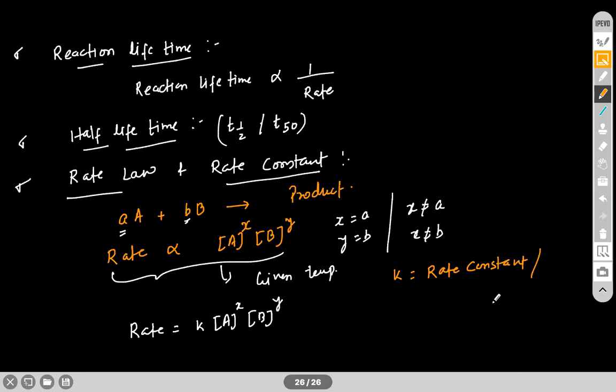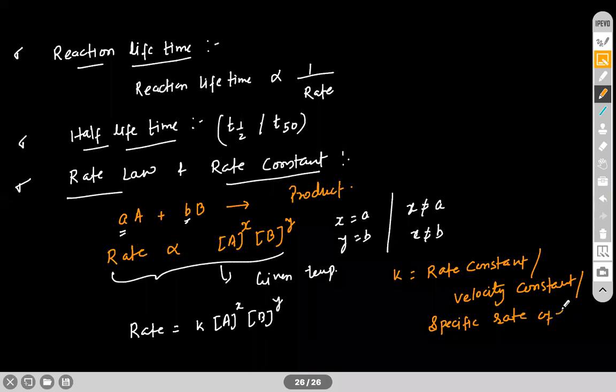We also call it the velocity constant, or we also call it the specific rate of reaction. All these terms we use for K. Okay, specific rate of the reaction.